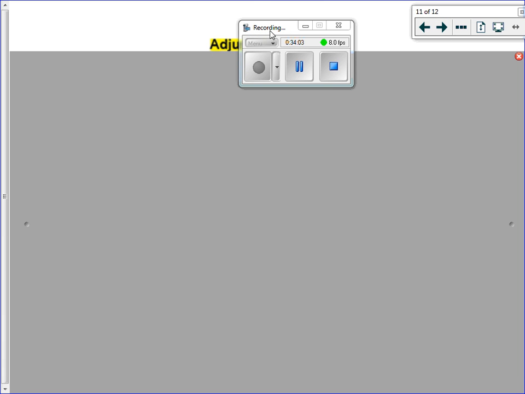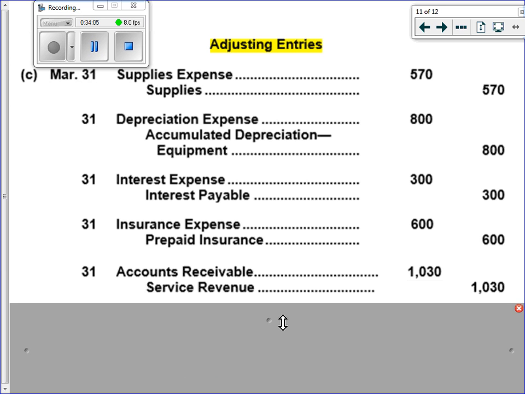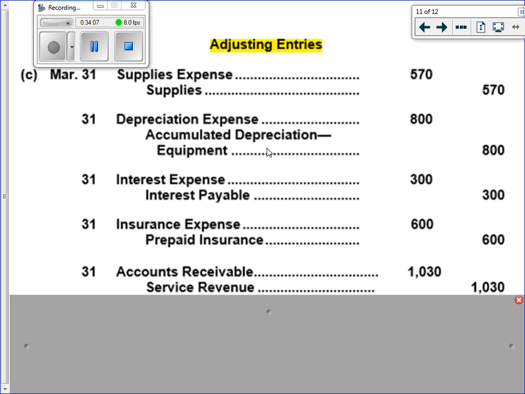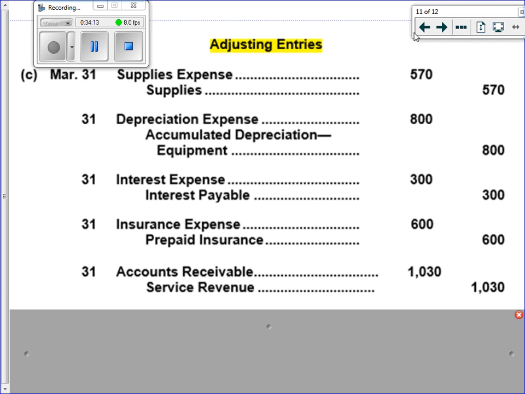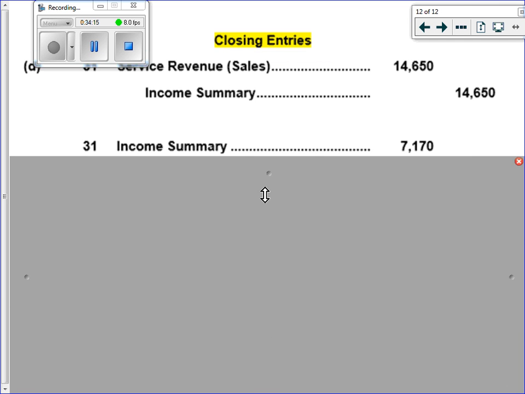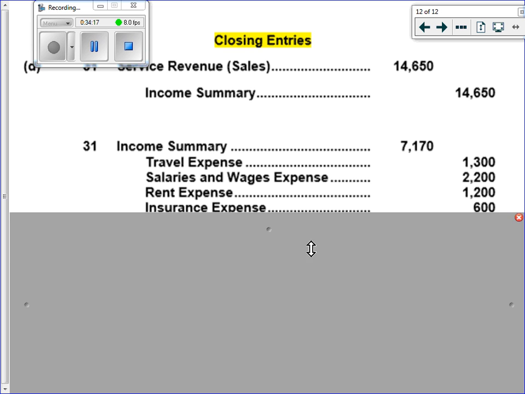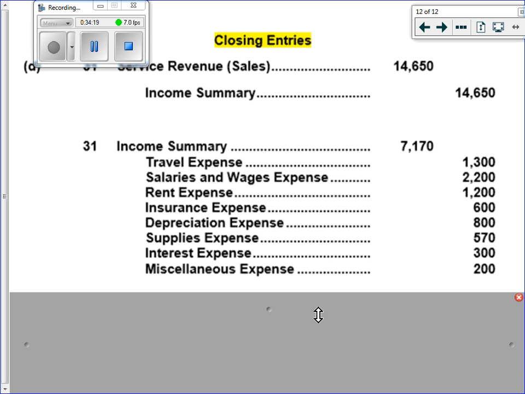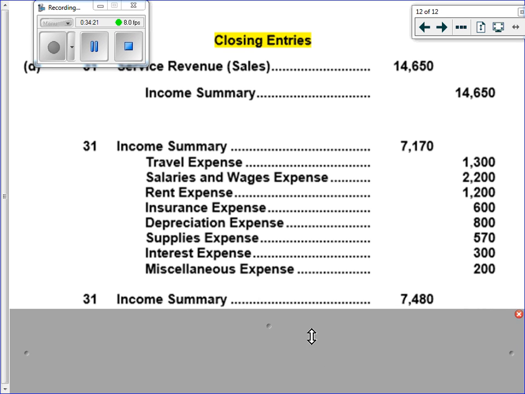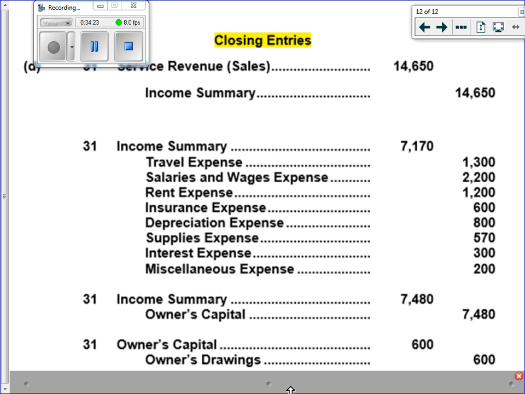Remember, you are not going to do the adjusting entries. We're skipping those. You did them on the worksheet. I'm not going to make you just regurgitate the numbers. Closing entries. Remember, you'll have the 4. You have a lot longer list of expenses. I want you to just try those.